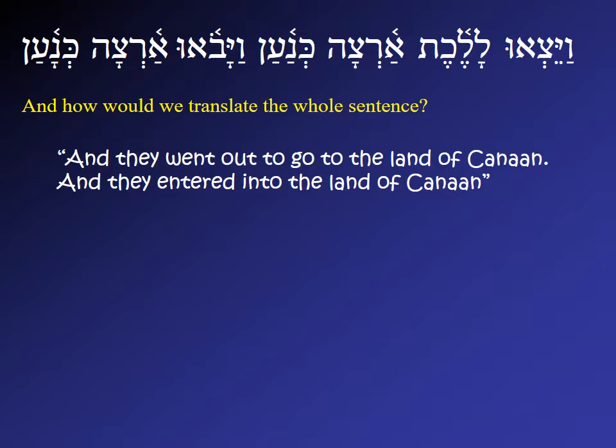This is called a pausal form, and often it lengthens the vowels. We'll talk about that more as we go. For now, if you're curious why the two Canaans are spelled differently, that is the reason why.